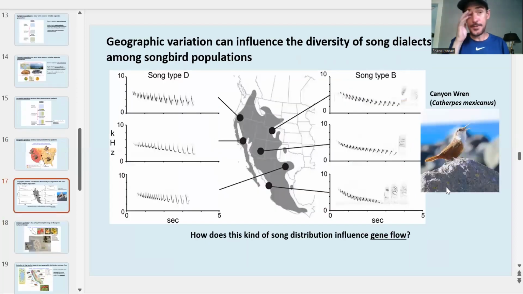Now, it turns out that this is pretty important for the diversification of birds, because geographic variation really can influence the diversity of different song dialects that occur amongst different bird populations. And song is really, really important for successful bird reproduction.